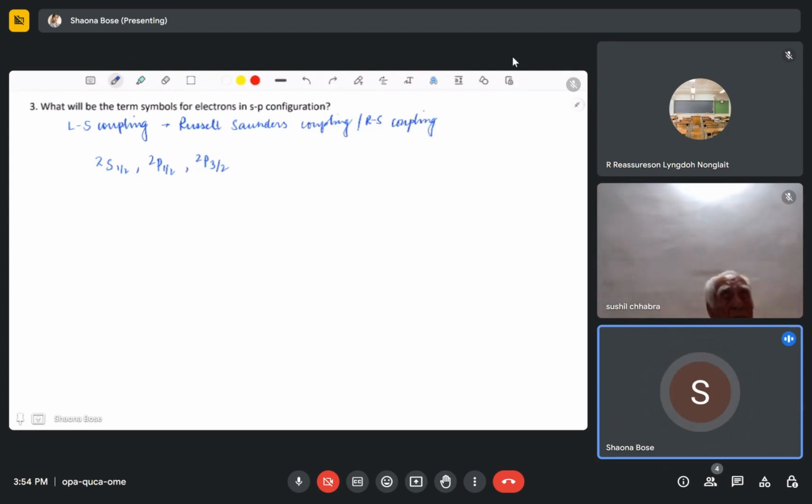If I had just written, okay, what will the term symbols be for two electrons in this state and this state? So that's a very flat question. But this one is given as sp configuration. That means there are two electrons involved here.